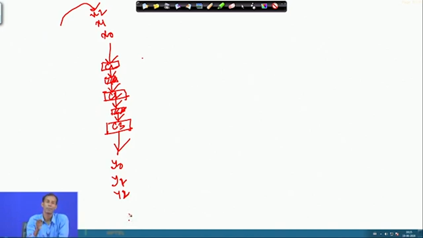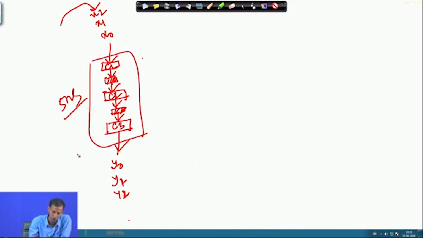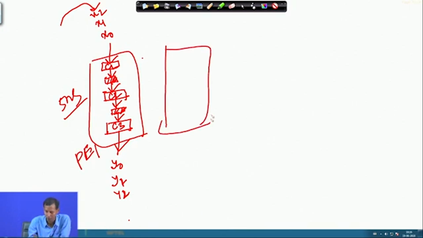But my requirement is that here the delay is 5 nanoseconds, correct? If I need the clock period to come down to 1 nanosecond, I have to apply a parallel processing level of 5. If this is known as one processing element, it will be copied 5 times.